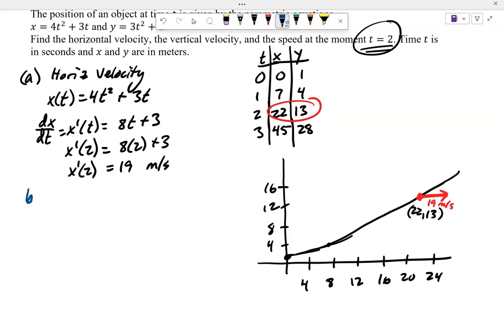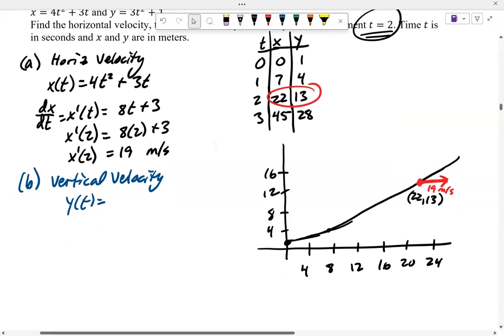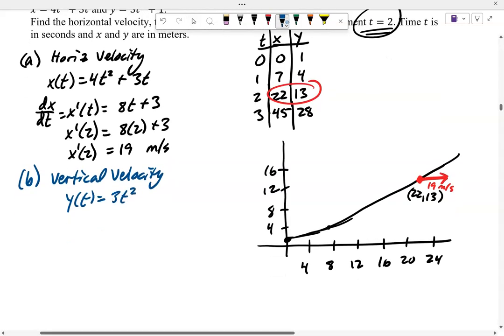Let's do part B. So the vertical velocity, take the y value. So y of t equals 3t squared plus 1. So y prime of t equals 6t.